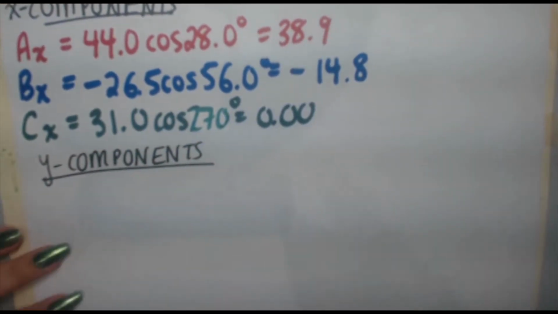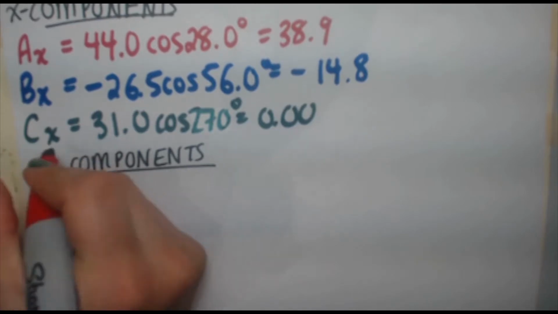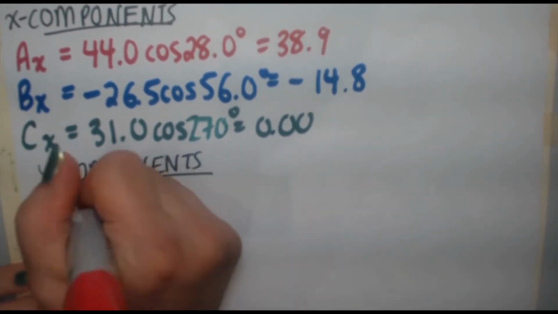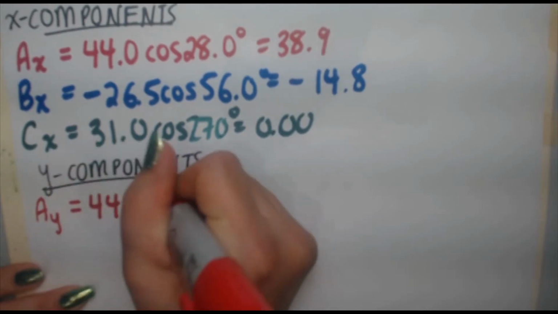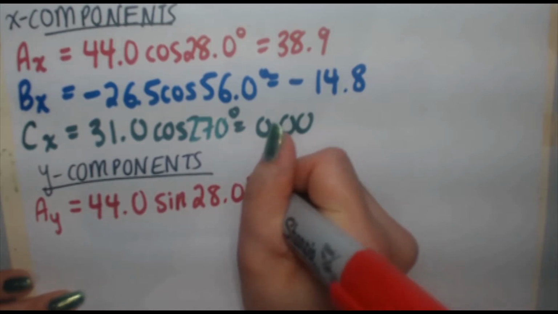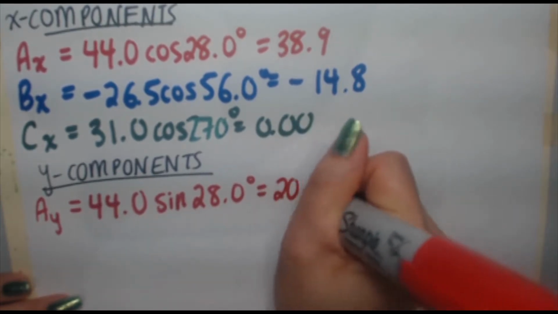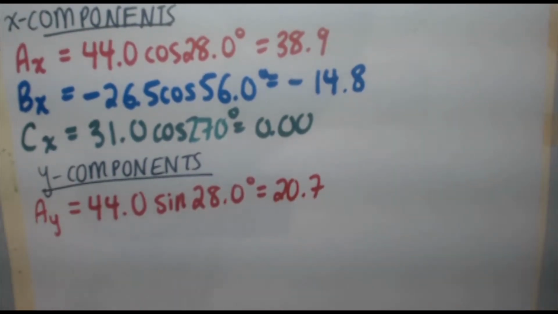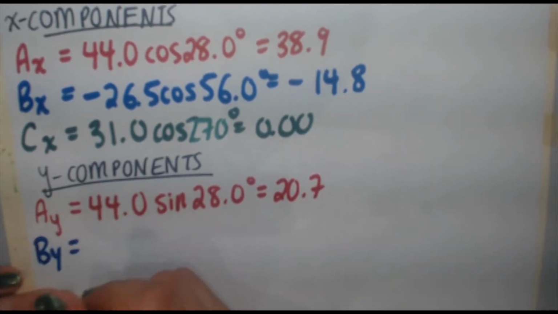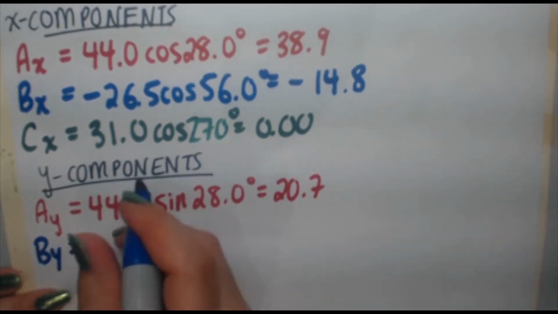All right, so just like we used cosine to find the x components, we're going to use sine to find the y components. So once again, hypotenuse times sine of the angle, 28.0 degrees, and you're going to get 20.7. For B, okay, so this B is actually in the positive direction.